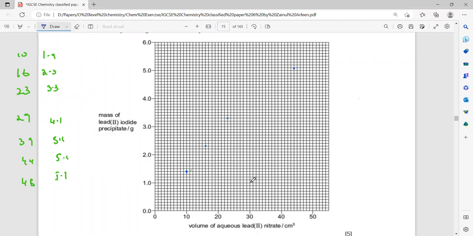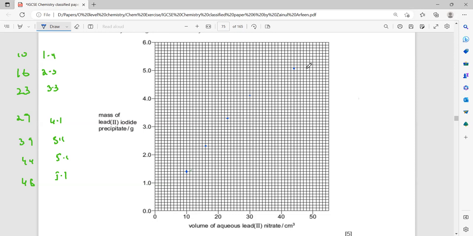So this is 30 and 4, so this will be 29 and 4.1. And then we have 44 and 5.1, and then 48, because 45, 6, 7, 8, and 5.1.